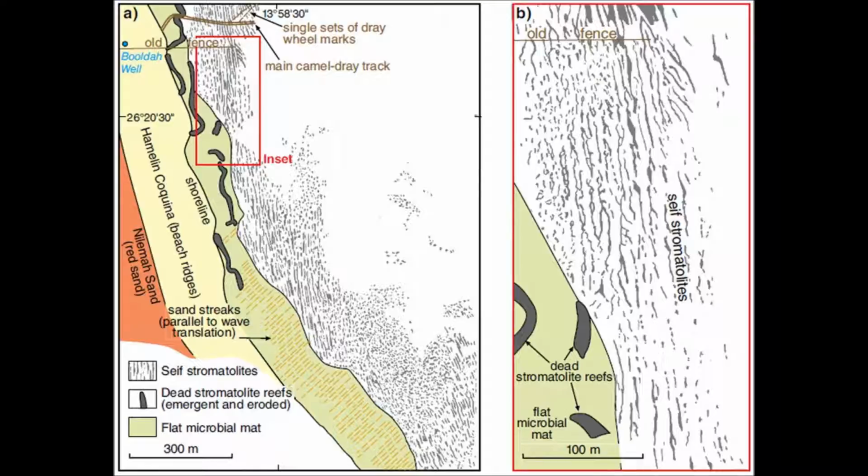This slide is an image from the Boulder province, and this is about a kilometer. At the top is the main camel dray track where the camel used to walk out and bring the wool. So we walked down that track to get out to the subtidal stromatolites.